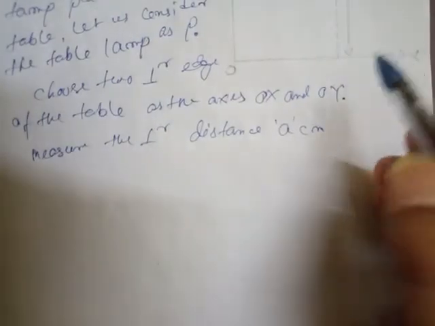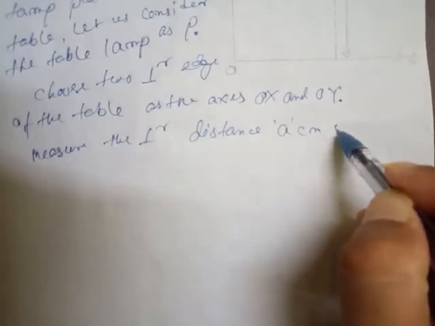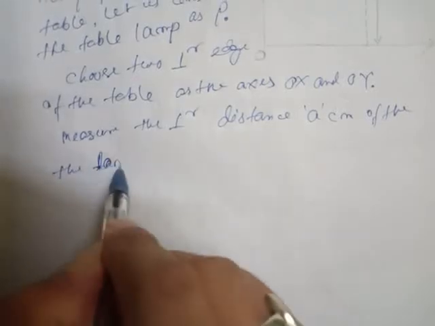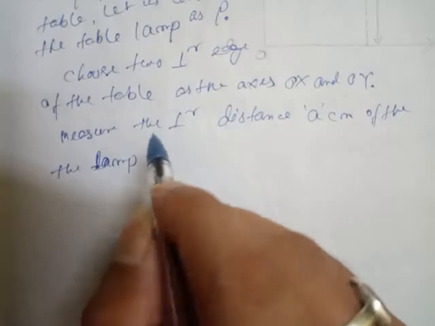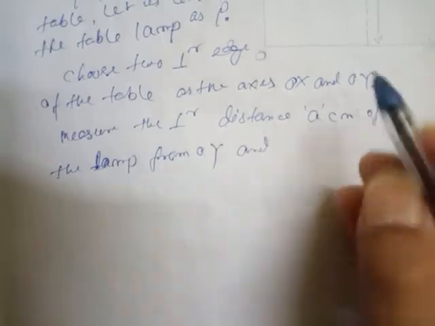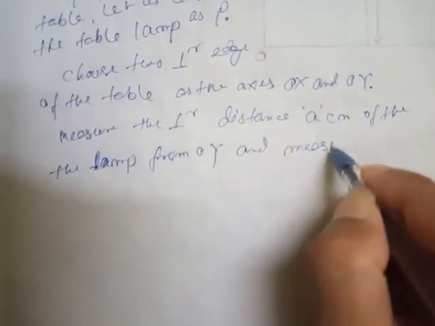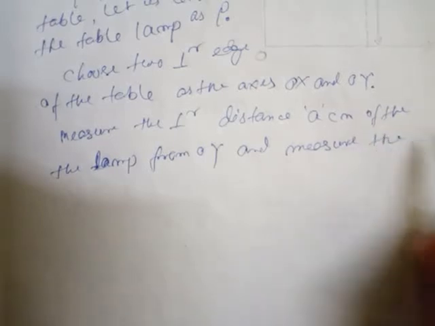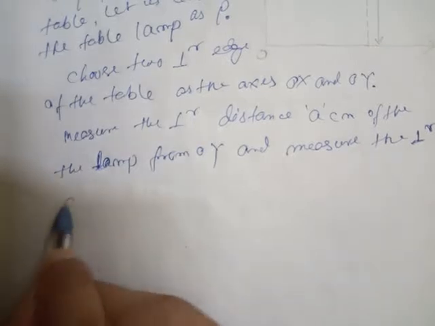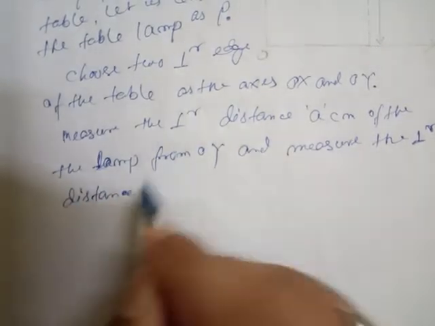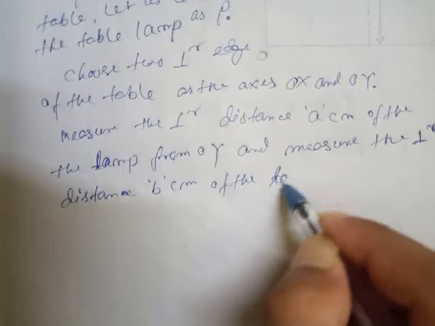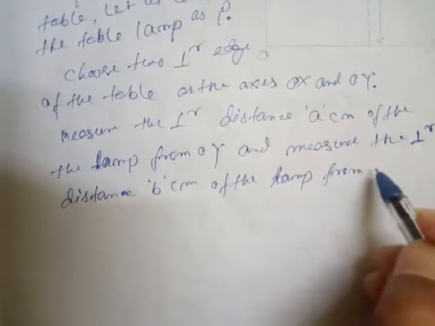A centimeter I have taken, a centimeter of the lamp from OY, and measure the perpendicular, this is called perpendicular distance, B centimeter of the lamp from OX.